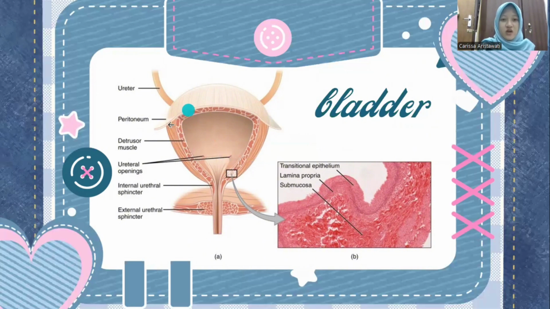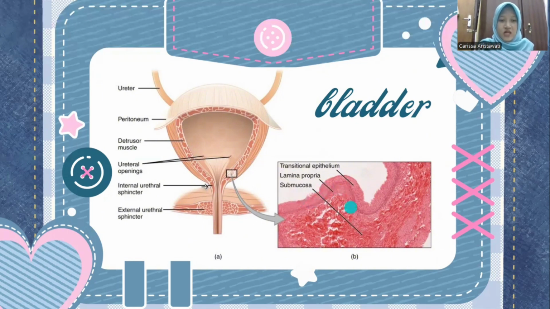This part, the outermost layer, is called the peritoneum, and this is a detrusor muscle, which when you take a closer look, you will see three layers. The inner layer is called the transitional epithelium, the middle is called the lamina propria, and the outermost is submucosa.